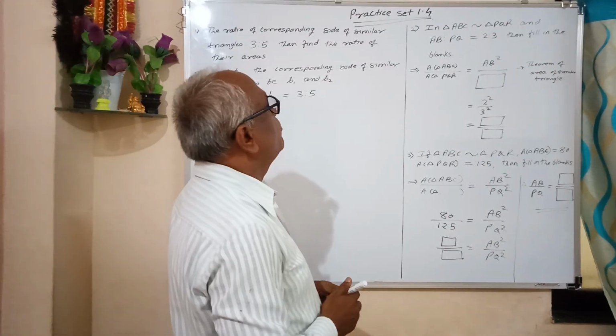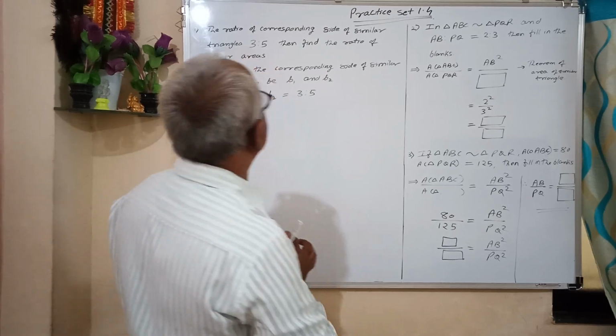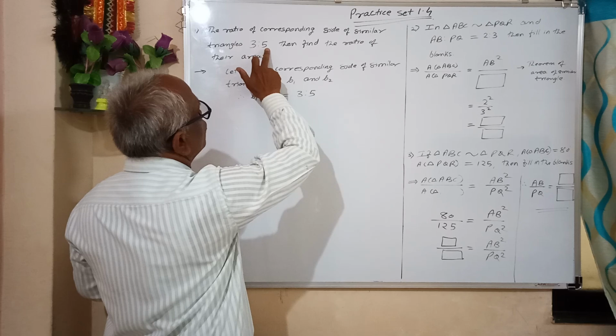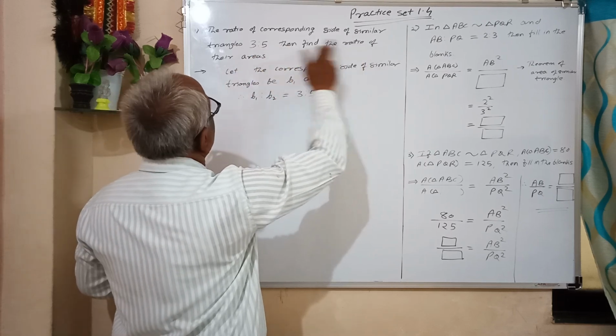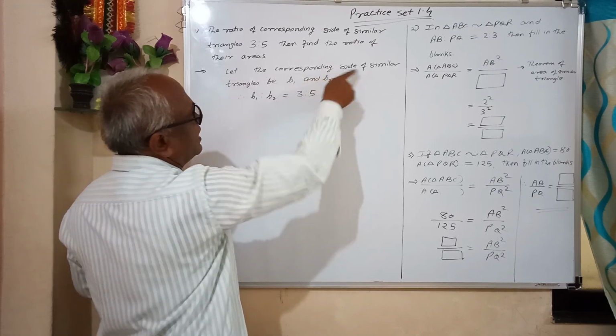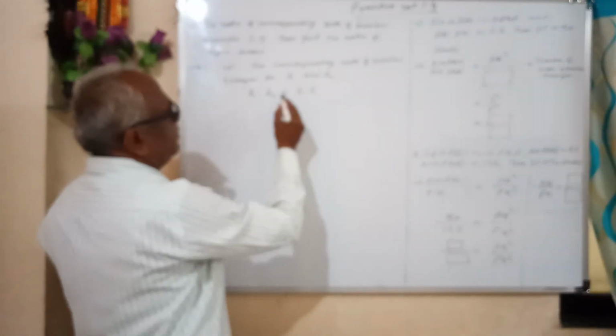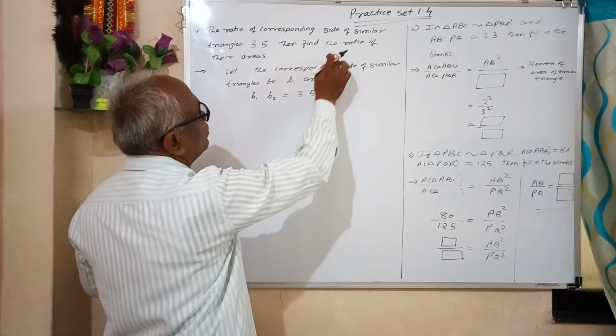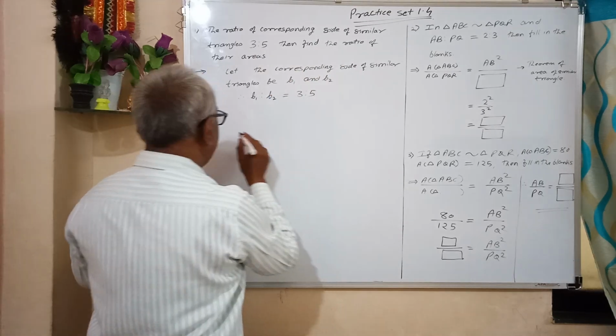Now practice set 1.4, example number 1. The ratio of corresponding sides of similar triangles is 3:5. Then find the ratio of their areas. Let the corresponding sides of the similar triangles be b1 and b2. Therefore, b1 is to b2 is equal to 3:5, it is given.